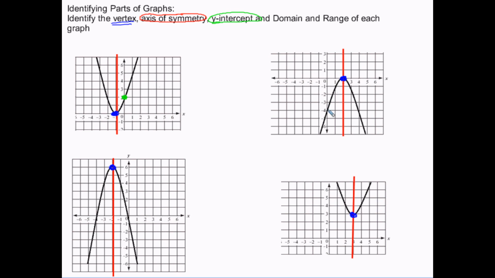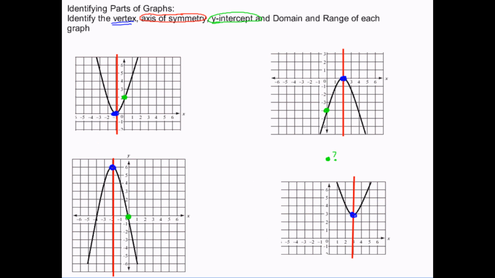So I have a y-intercept here, a y-intercept here, a y-intercept here, and I don't know where my y-intercept is on this particular one, but I'm going to assume that it would be up here somewhere. We'd have to have this on a bigger coordinate plane to identify that one.